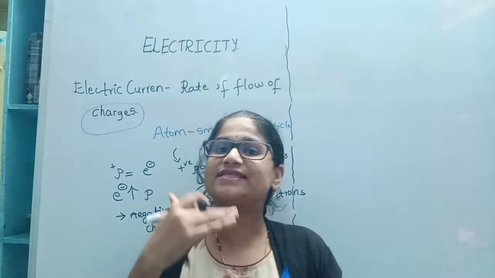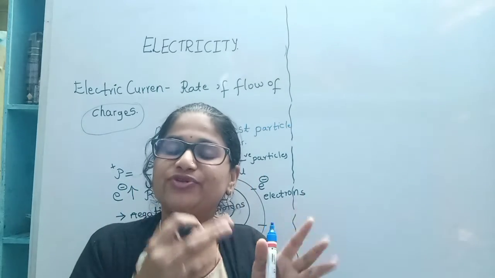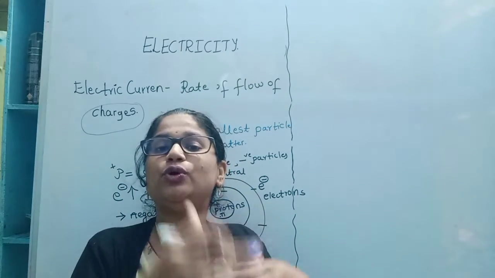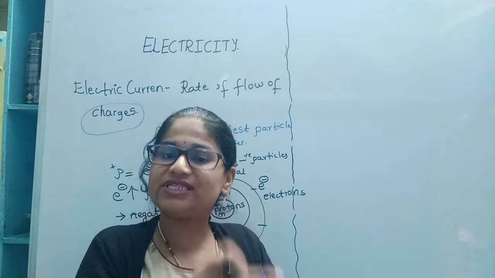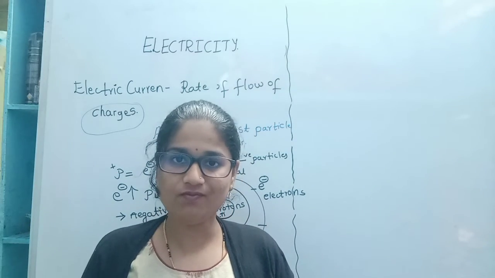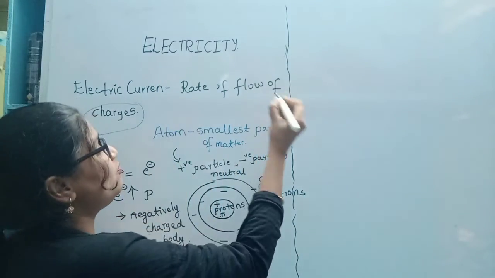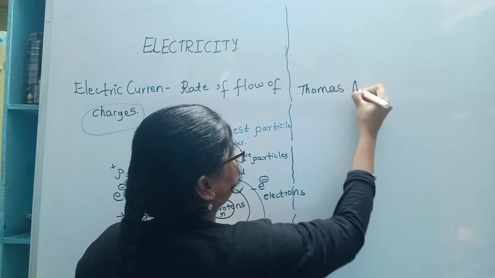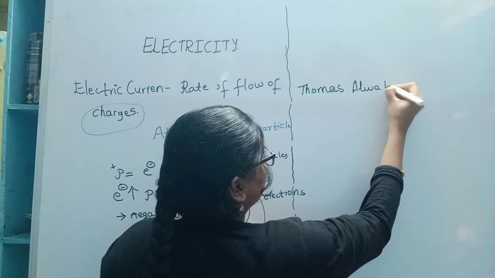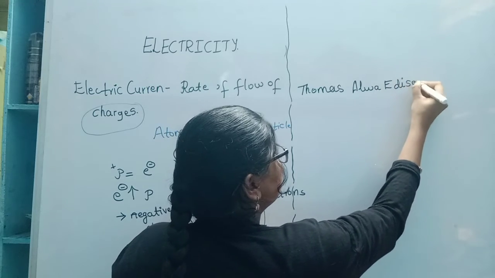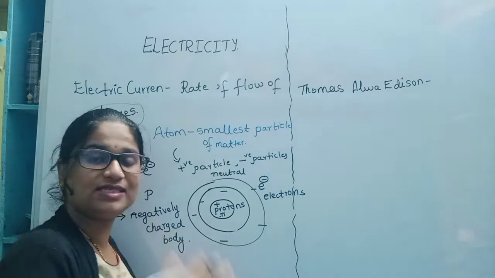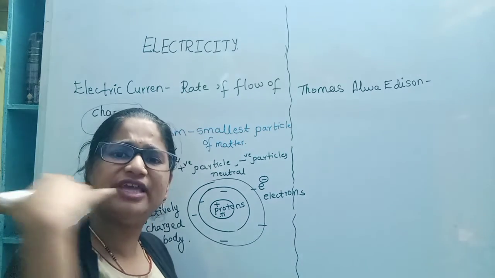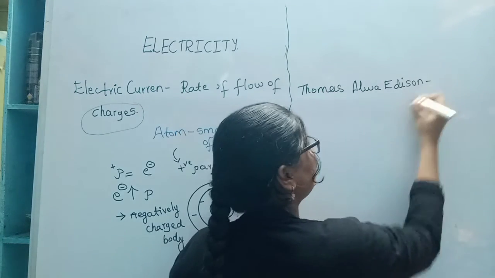After the discovery of the electric bulb, they started to learn about the electric current. The electric bulb was invented by Sir Thomas Alva Edison. I don't know how many times this person tried. He did not get success on the spot, or after 2 or 3 years. He tried for several years and invented the electric bulb.